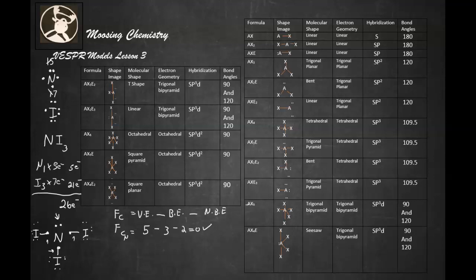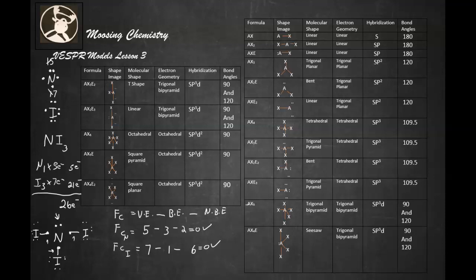That's a good start. The formal charge for iodine. Iodine comes in with 7 valence electrons minus 1 bonding pair of electrons minus 6 non-bonding electrons. So that also gives me 0. So I don't need to do the other I's because they're all the same.